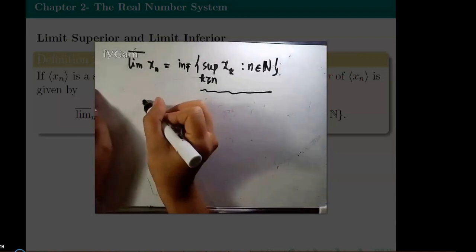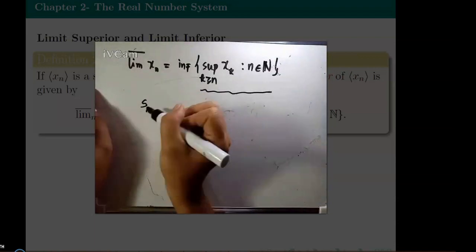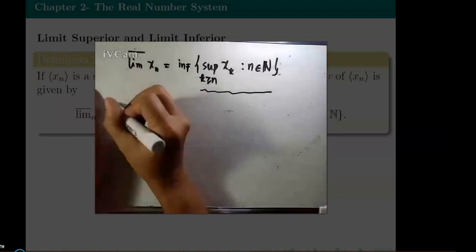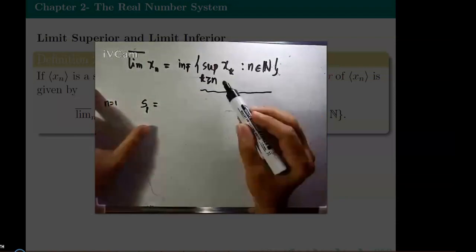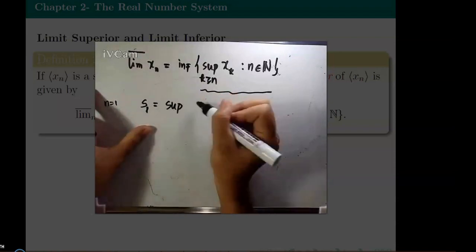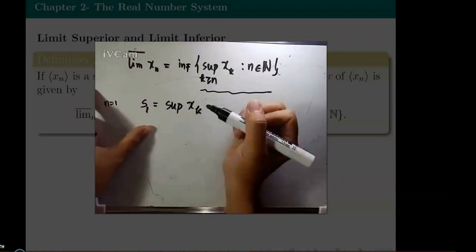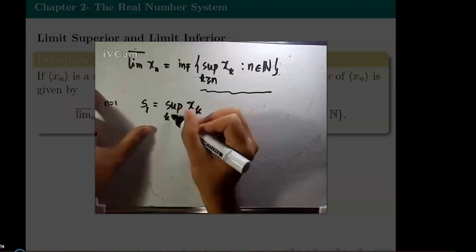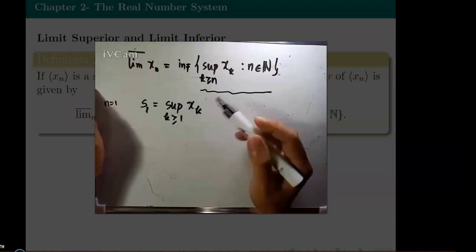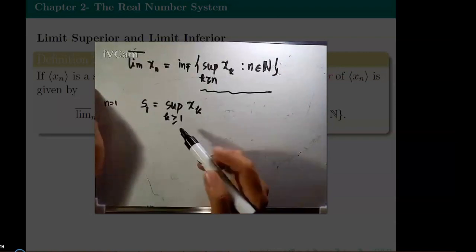Let us have this s sub 1 be equal to when n is 1. So when n is 1, we have this s sub 1, which is the supremum of x sub k, where k is greater than or equal to 1. So we are to find the supremum of this sequence where k is greater than or equal to 1.